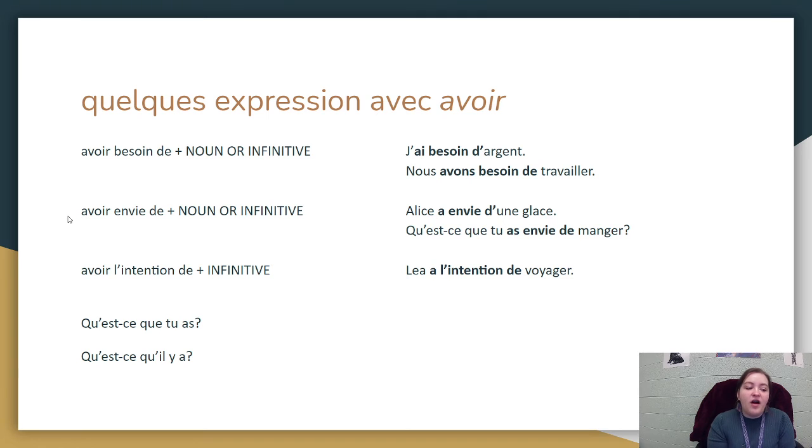Then we've got avoir envie de plus a noun or infinitive. Whereas avoir besoin de means to need, avoir envie de means to want. Plus noun or infinitive. For instance, Alice a envie d'une glace.